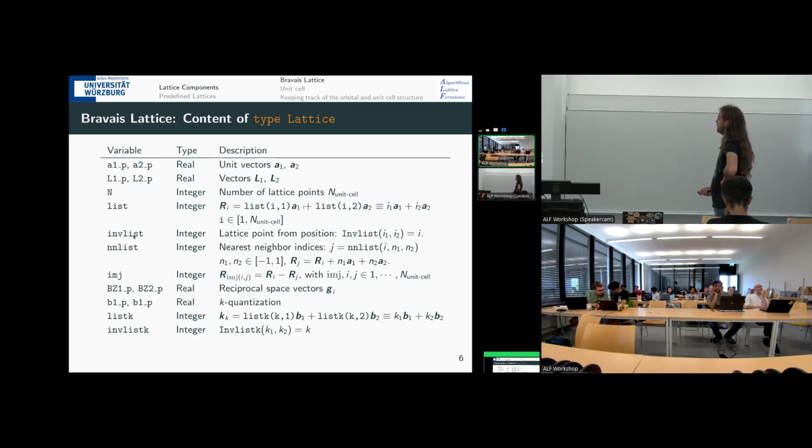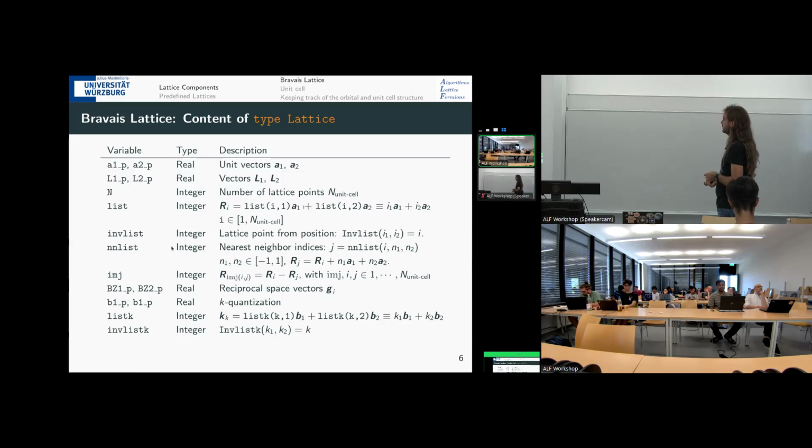And inf list is basically the inversion. So you have I1 and I2, two integers that define a real space location in our lattice, and you can map to this number I, which goes over all the unit cells in the lattice.